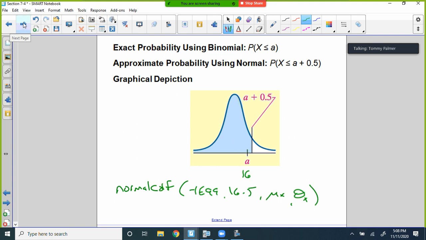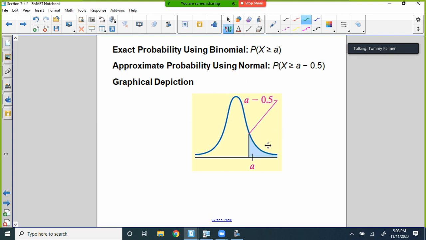Let's look at another one. On this one, it's things greater than or equal to A. If this is again 16, we'll be going to 15.5, so we would do a normal CDF, because we're doing a normal approximation of a binomial probability.